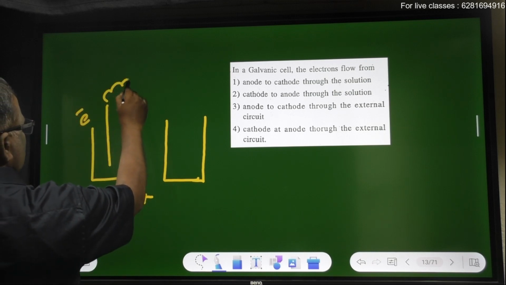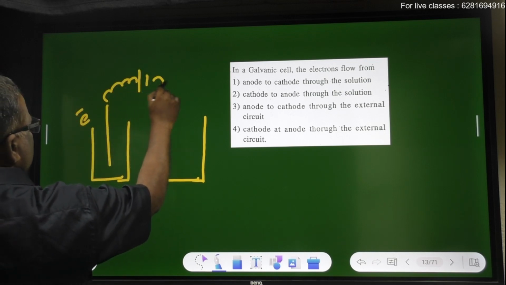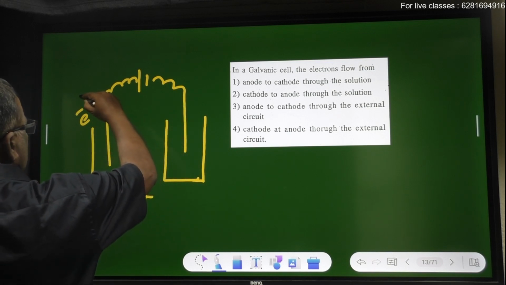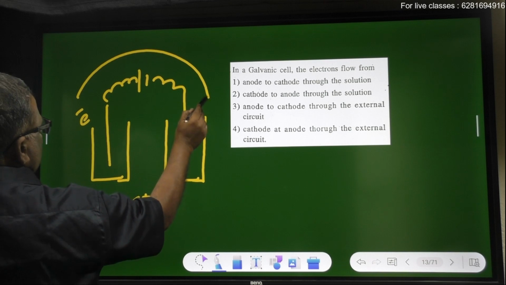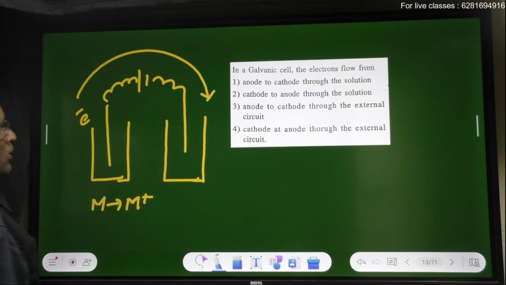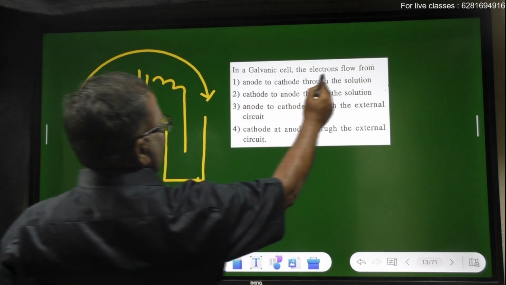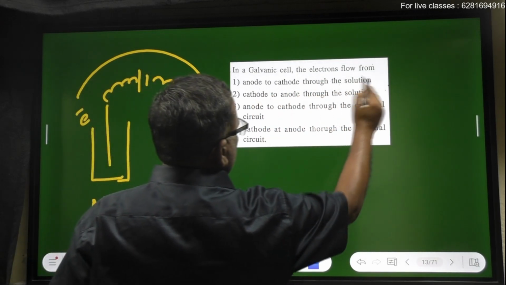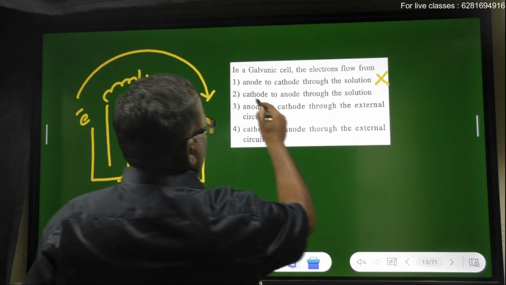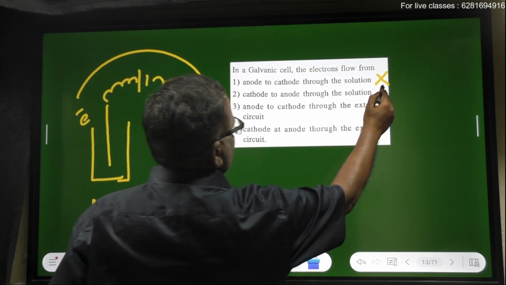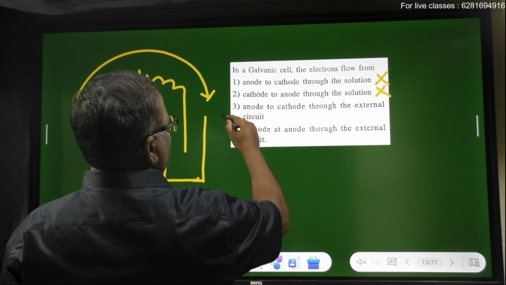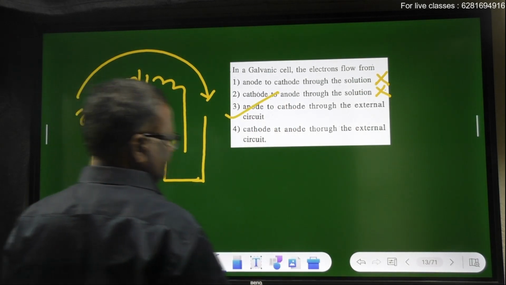These electrons travel through the external circuit and reach the cathode. So in a galvanic cell, electrons flow from anode to cathode through solution, this is wrong. Cathode to anode through solution, this is also wrong. Anode to cathode through external circuit, this is the correct answer.